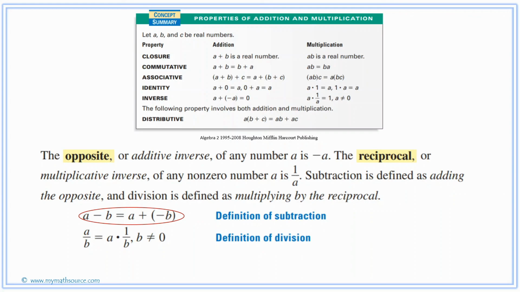So A can be written as A over 1, and when you multiply fractions, you multiply straight across. So A times 1 is A, B times 1 is B, and you notice that A times the fraction 1 over B is the same as A over B.